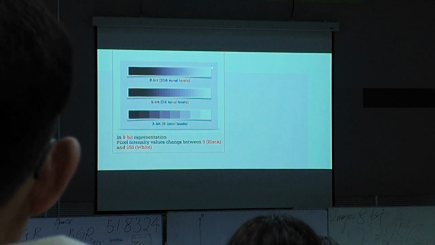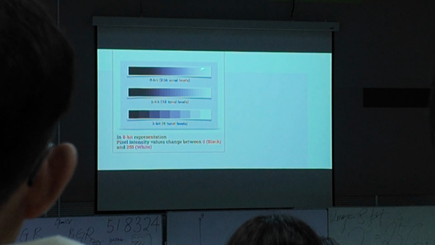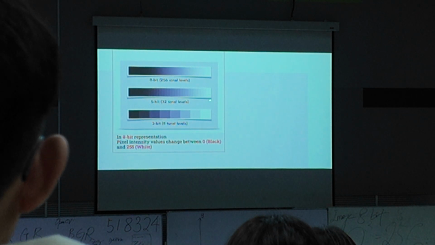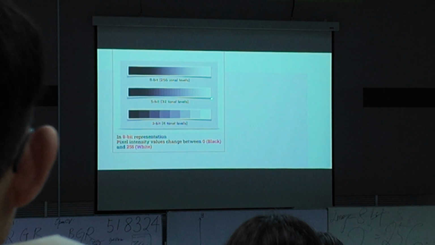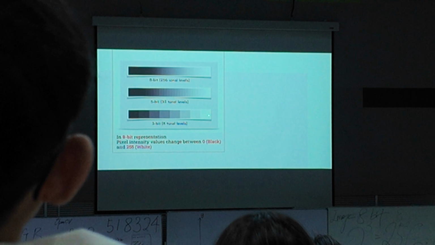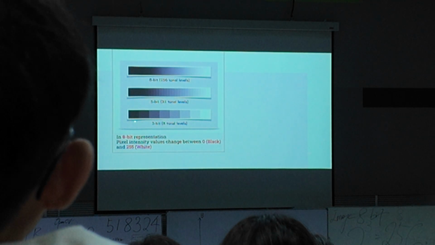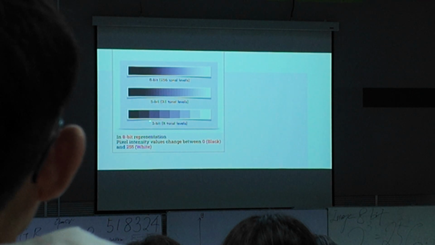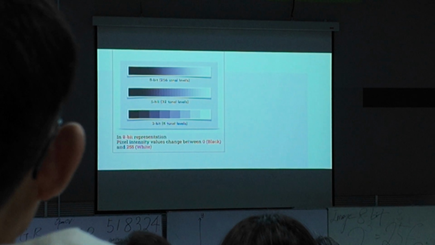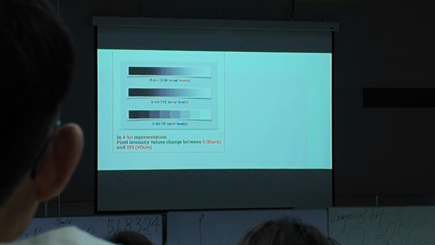Let's say for this, the white color is 255. For this it will be 31, and this white will be 7. And the rest is going to be equally distributed among these. And the pixel value is always a positive integer. Positive integer, Form 4, modern maths, chapter 1.